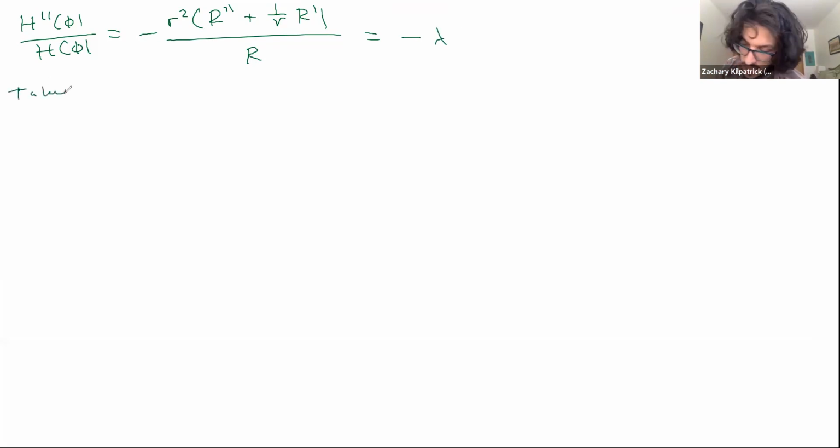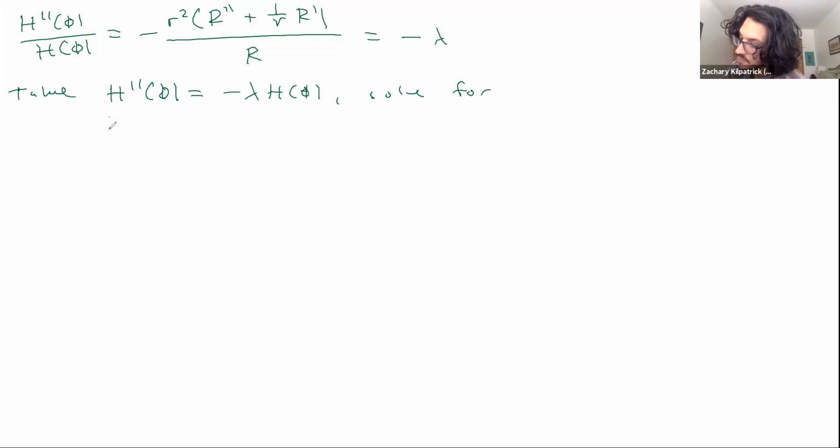So then if I take h double prime of phi equals minus lambda h of phi, then I can solve this for the solution in terms of phi.